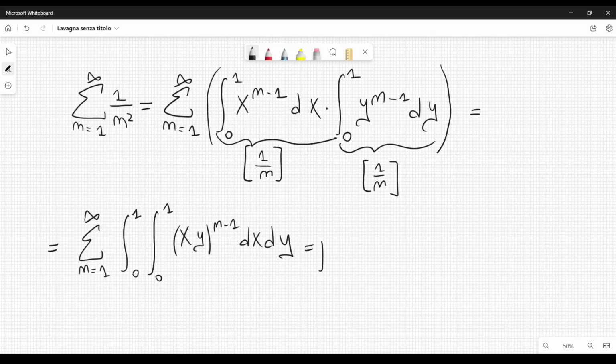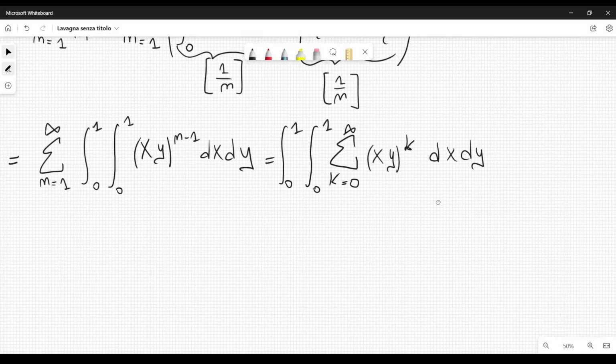We have the integral from 0 to 1, integral from 0 to 1, and then here I have the series, and I can rewrite it with another index k. Instead of being from 1 to infinity, this is from 0 to infinity, and here I have x times y to the power k instead of n minus 1, dx dy.